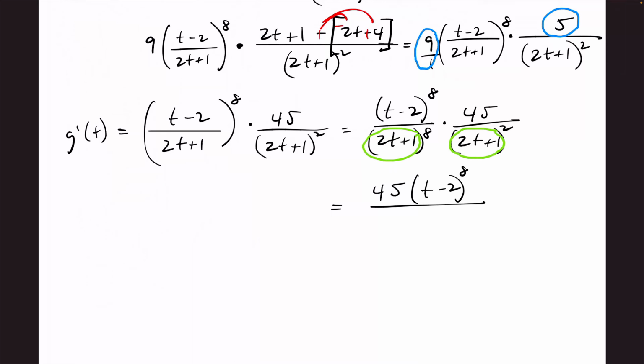There's a base and then there's an exponent. So what are the rules? If you have two bases that are the same, what do you do to their exponents? Add them. So you're going to get 2t plus 1, and instead of 8 and 2, you're going to have 10. Now you're done. Now you simplified it.